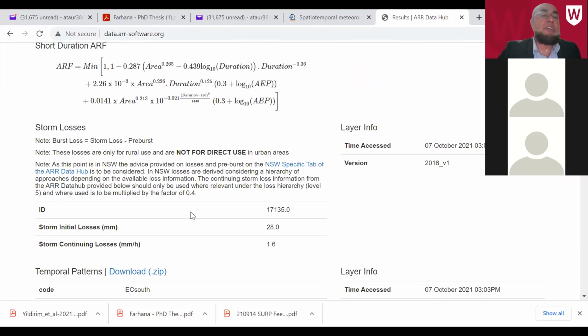So at this location, what are the loss values? Storm initial loss is 28 millimeter, and continuing loss is 1.6 millimeter per hour during the rainfall events after the start of the runoff.